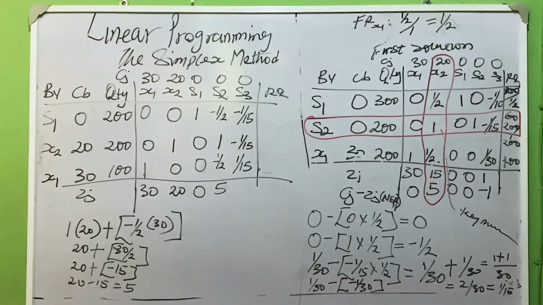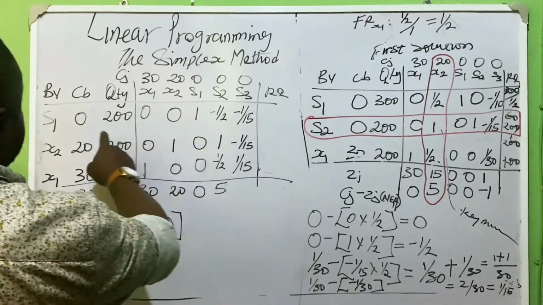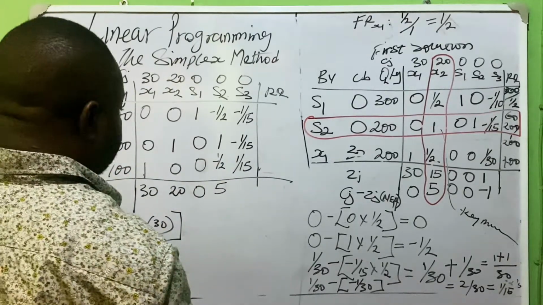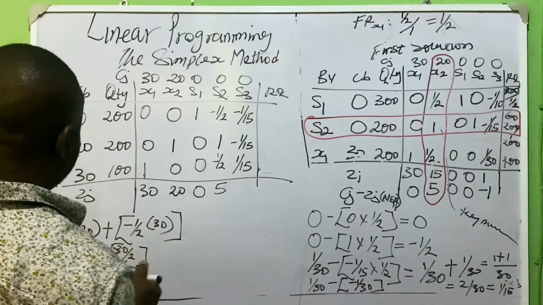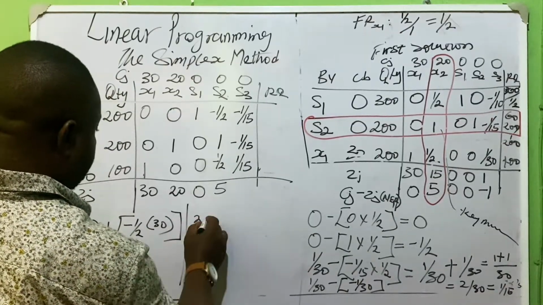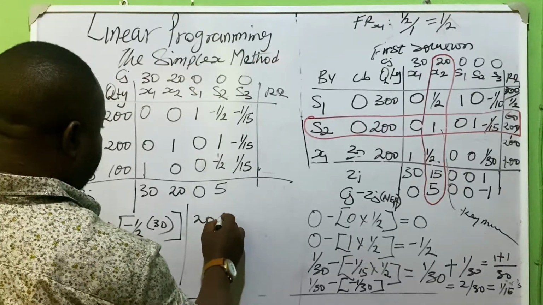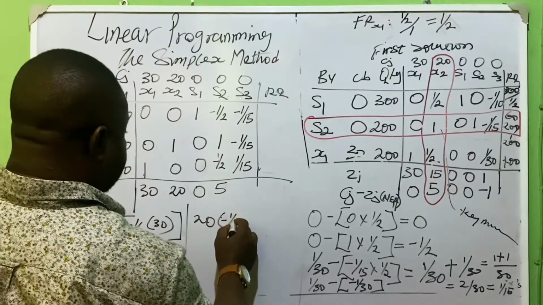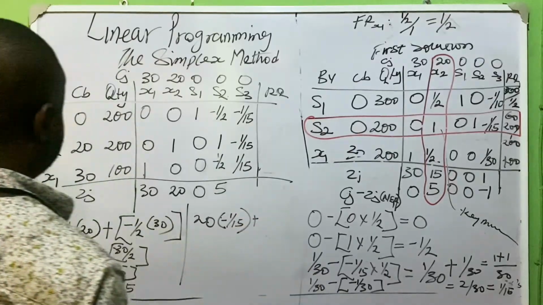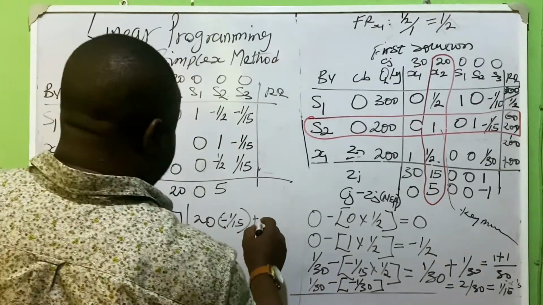Then the next will be this by this is 0. This by this is 20 by minus 1 over 15 plus 30 by 1 over 15.